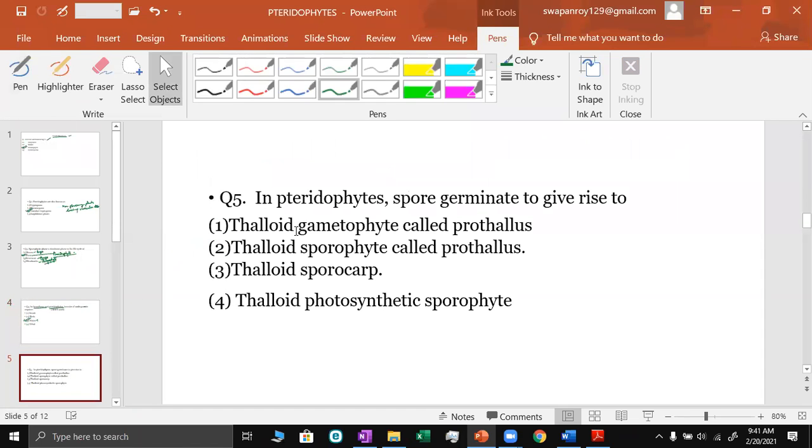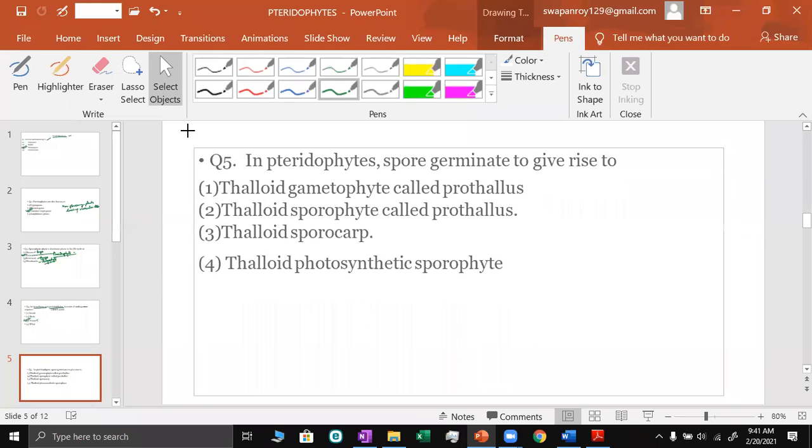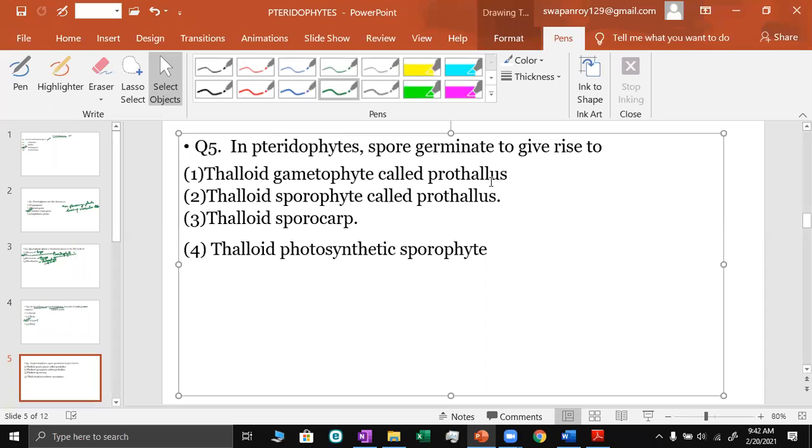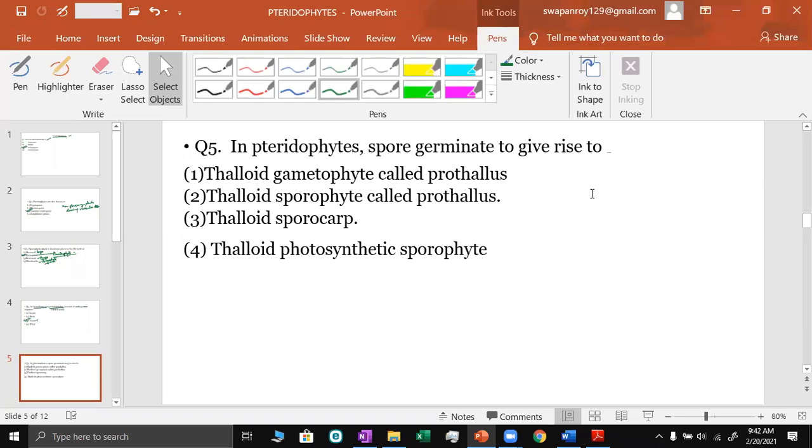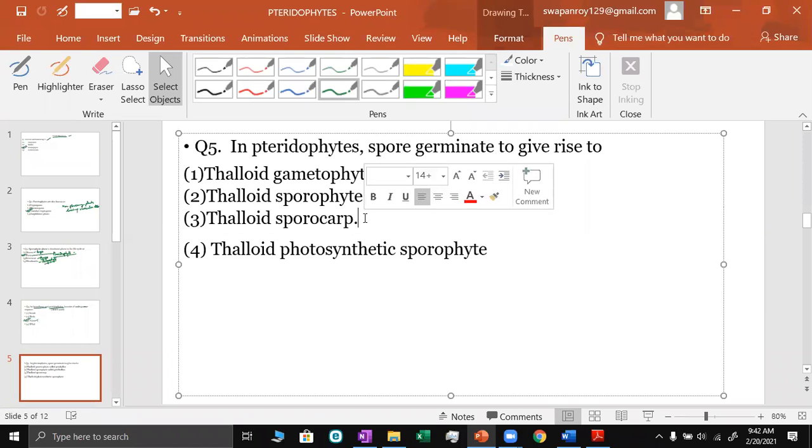Then come to the next question: in pteridophyte, some spores germinate to give rise to what? Thalloid gametophyte called prothallus, thalloid sporophyte called prothallus, thalloid sporocarp, or thalloid photosynthetic sporophyte.